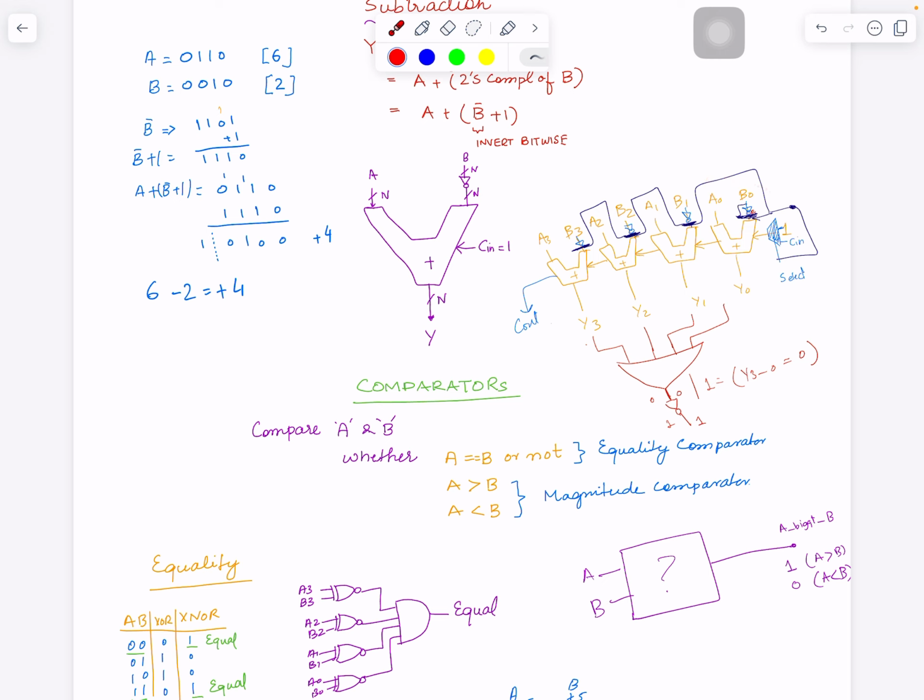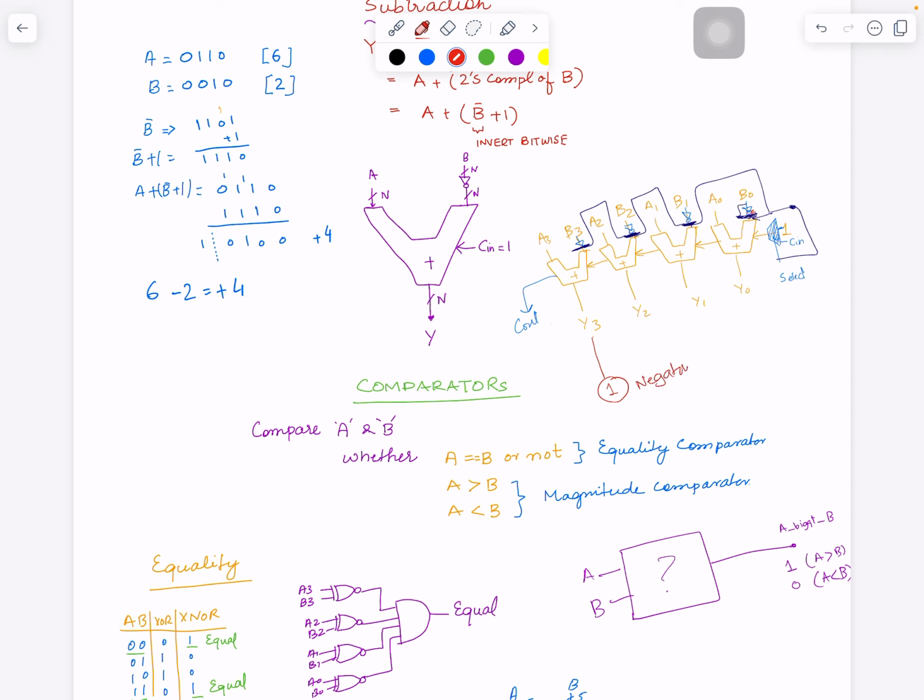So what if we have A and B, the two numbers that we're comparing, we do A minus B, and the resulting number, using the same circuit so I don't have to redraw it. Now if this bit is 1, it means the output is negative.